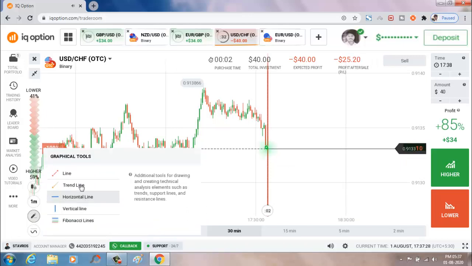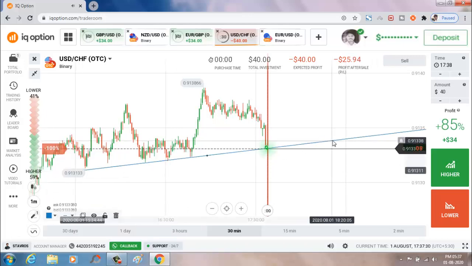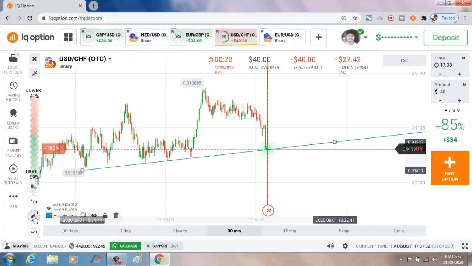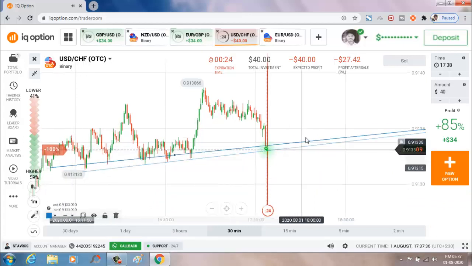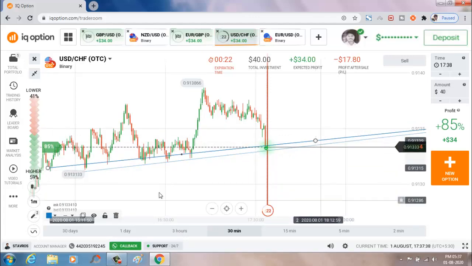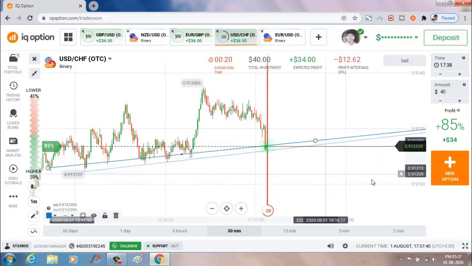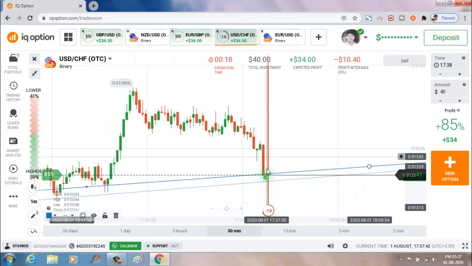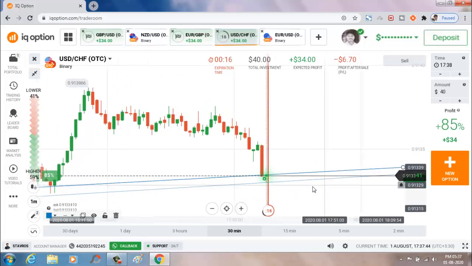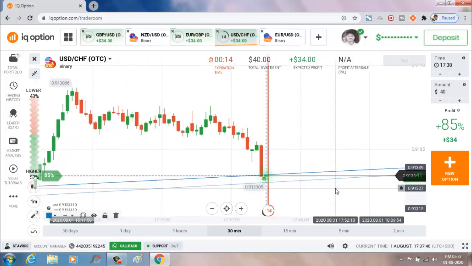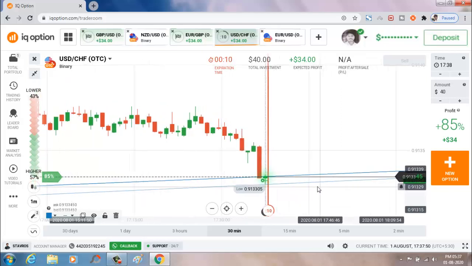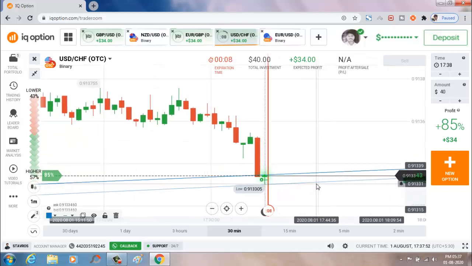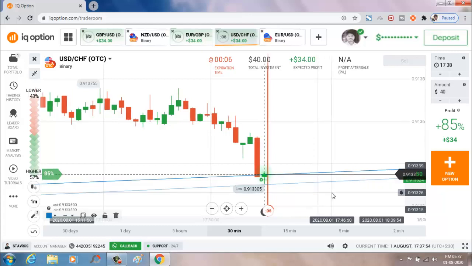You can see the whole area is a buyers area, and this strong candle tries to make a reversal at the support level, and 5 seconds more.